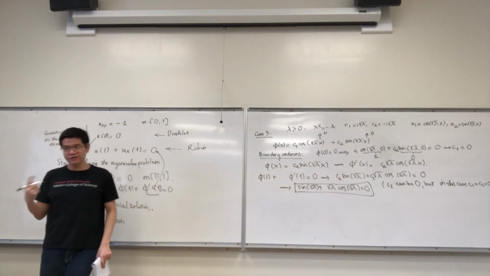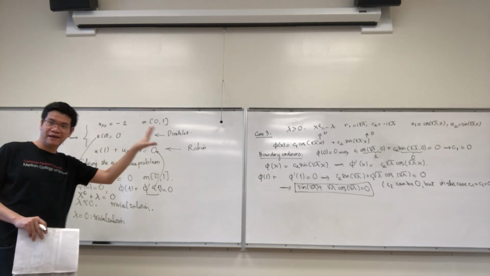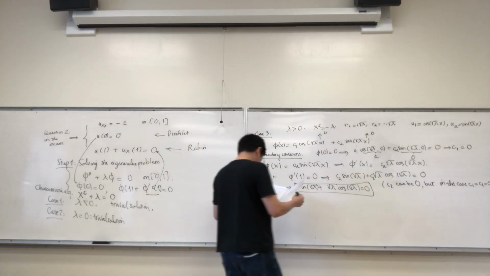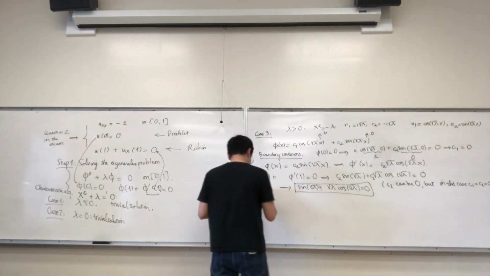Right, so now the equation will become this one. This one is not easy to compute. So you don't have a formula like n pi like in the previous case. So here in the notes, we computed a few.